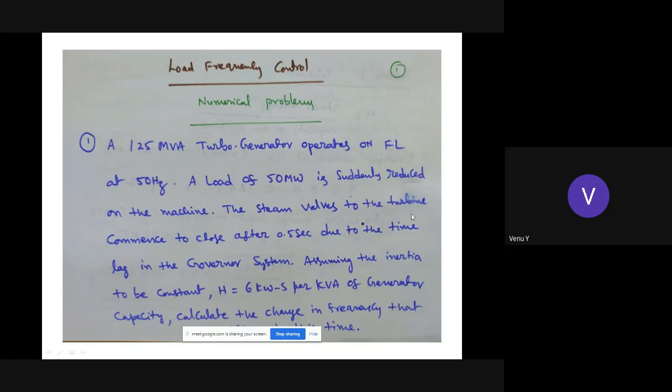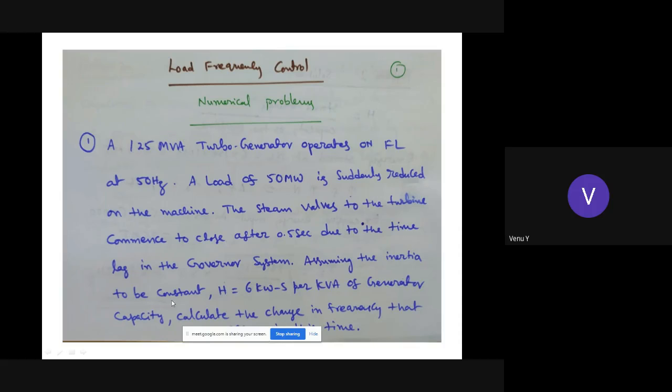The steam valve to the turbine commences to close after 0.5 seconds. Why? Because there is a time lag in the load frequency control loop due to valve opening and closing. That is nothing but 0.5 seconds, the time lag in the governor operation.